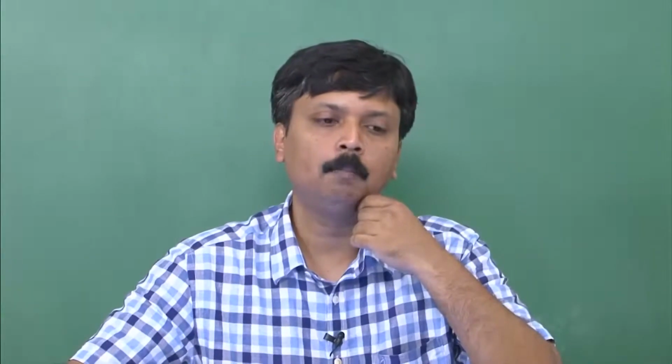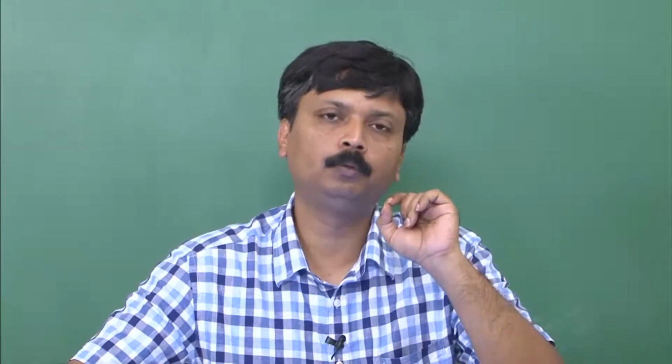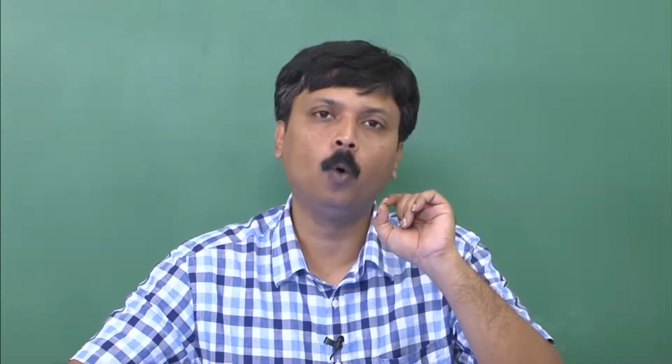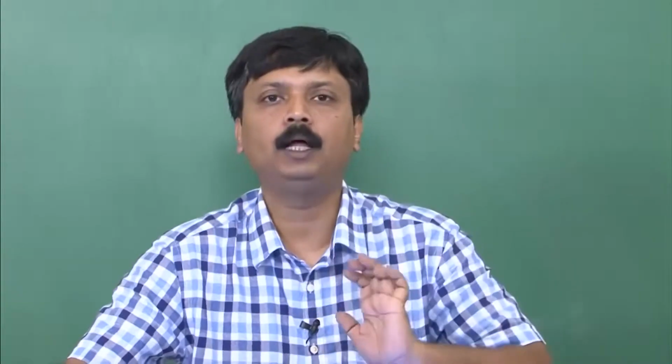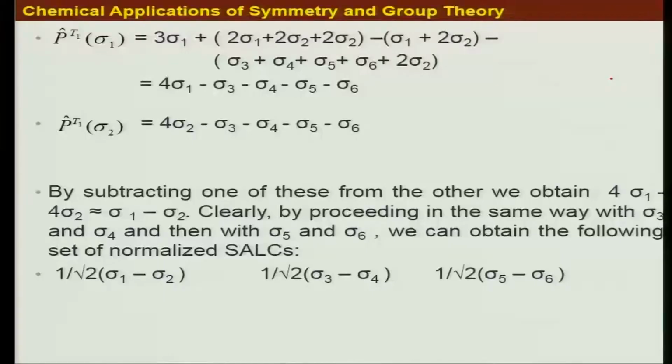You can select a particular subgroup, which comes out as O. From Oh you can get a subgroup O. You use the symmetry operations corresponding to that group O, and your job will be done. In solving this particular problem, we used that approach, and we form the projection operator and then apply it on the basis functions.